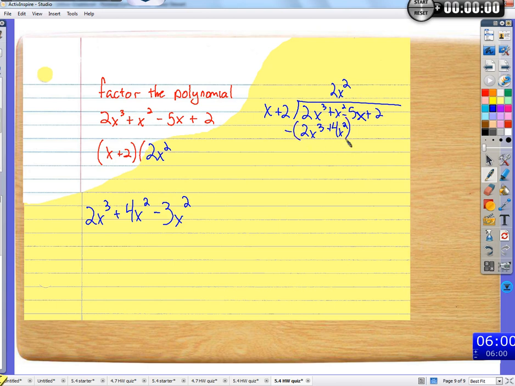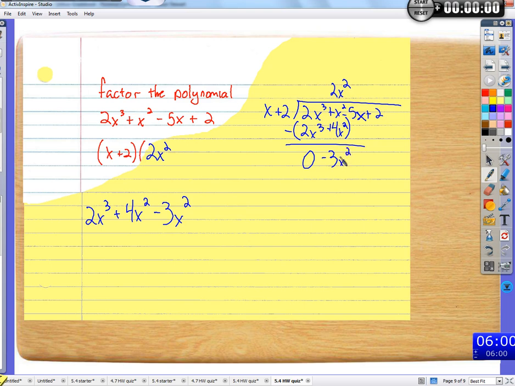So if we take the difference, so at this step if we subtract, we find that here we get a 0, which if you didn't get a 0 there, that'd be bad, because that's why you multiply by 2x squared, was to get 2x cubed. And x squared minus 4x squared is negative 3x squared.